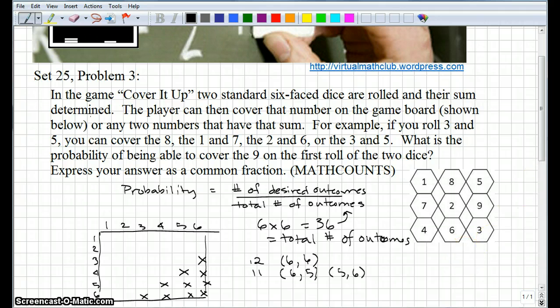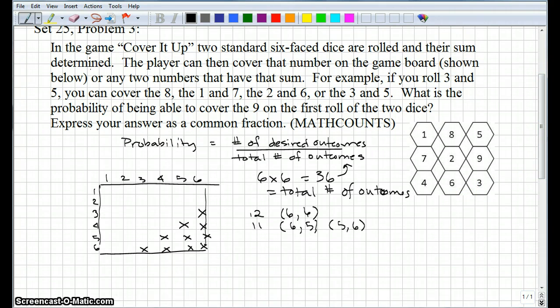Okay, let me scroll down a little. We could roll a 10, which would be a 6 and a 4, or a 5 and a 5, or a 4 and a 6.